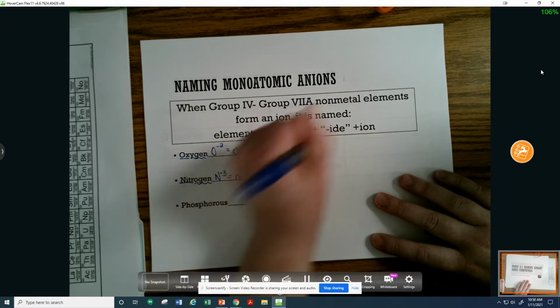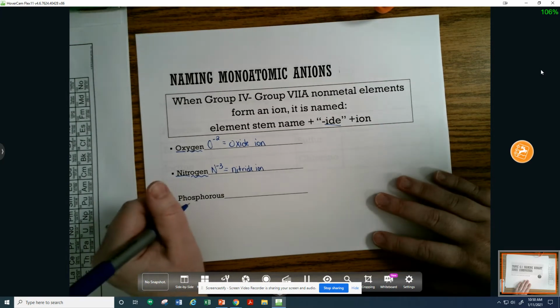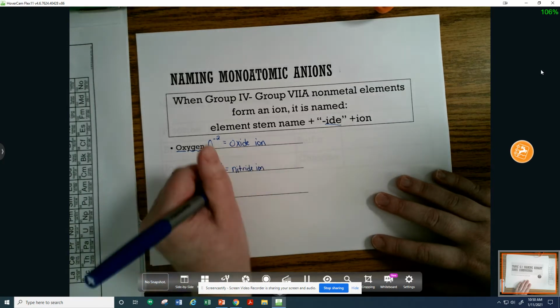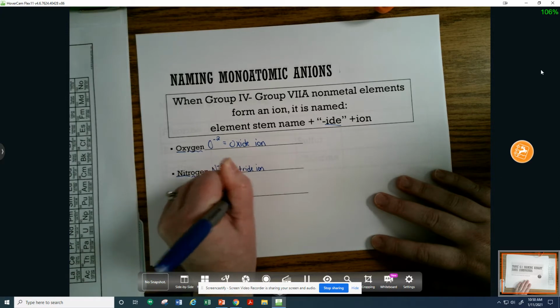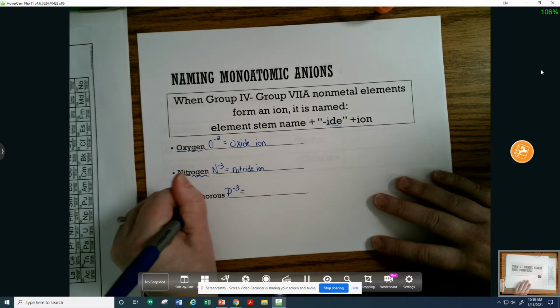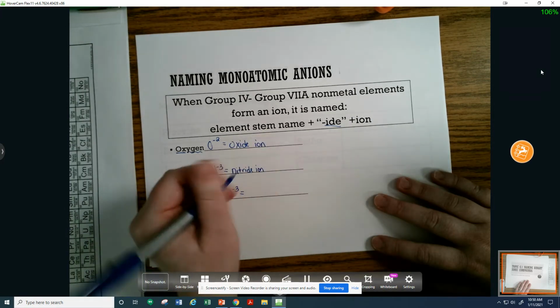At this point, the only suffix we're adding is "ide." Phosphorus falls in the same family as nitrogen. So when it forms an ion, it also becomes a -3. Phosph is the stem. Everything else goes away.